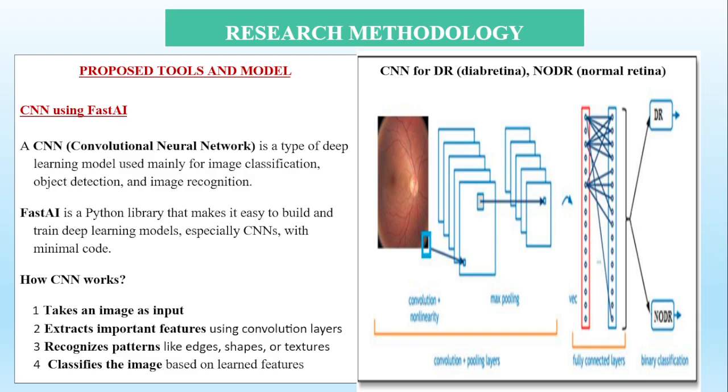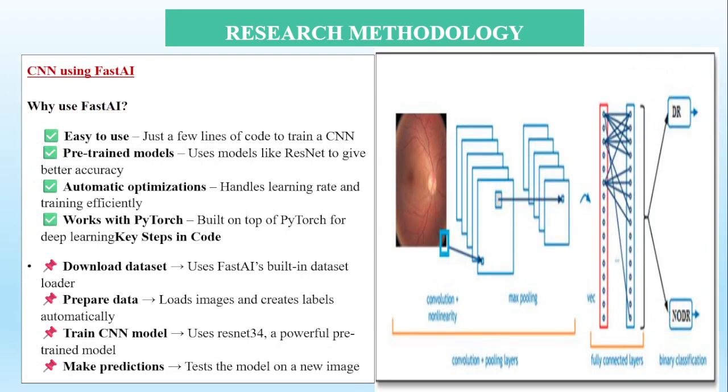Take an image, extract important features using a convolution layer, recognize patterns like edges, shapes or textures, and classify the image based on learned features.